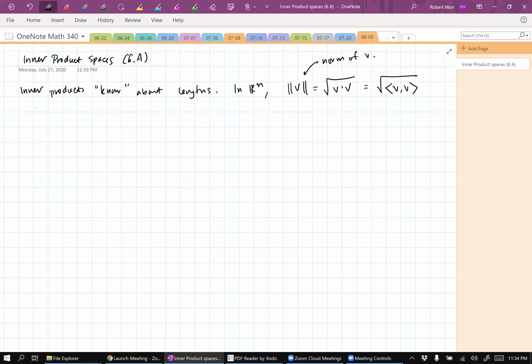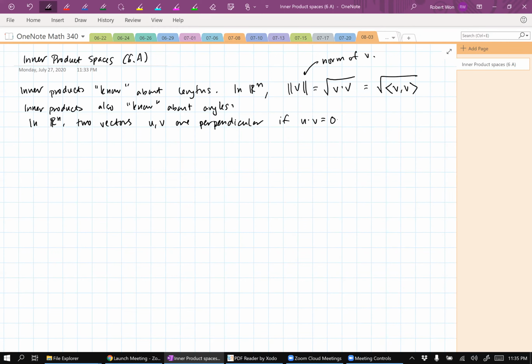Okay, but inner products also know about angles in your space. Because in Rn, maybe you remember this from calculus, two vectors u and v are perpendicular if u dot v equals 0, which in our new inner product language should be if the inner product of these two vectors is 0.